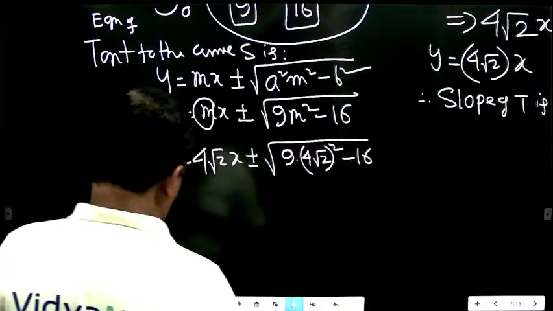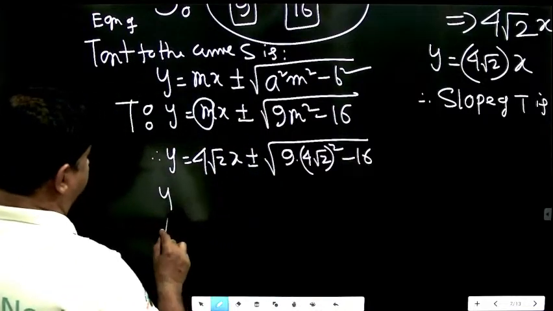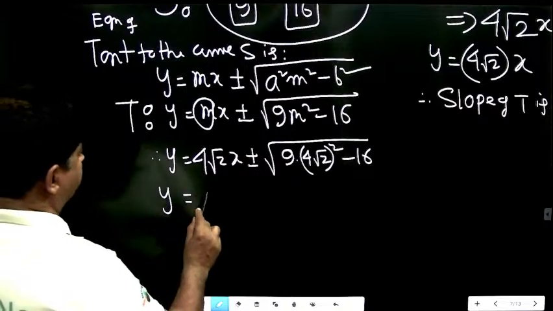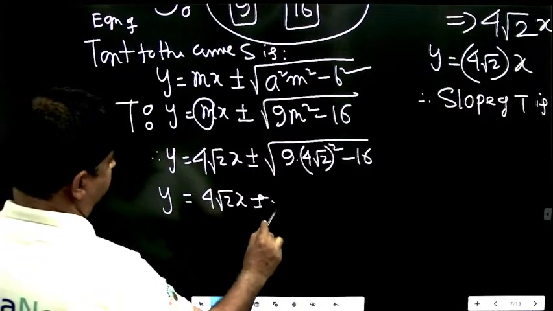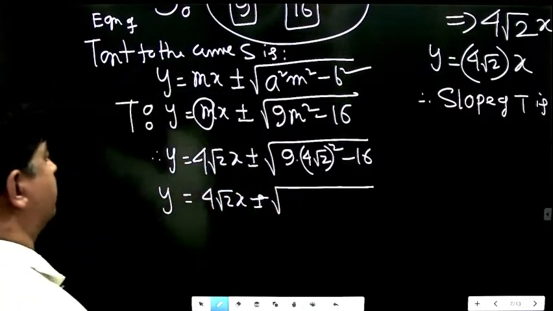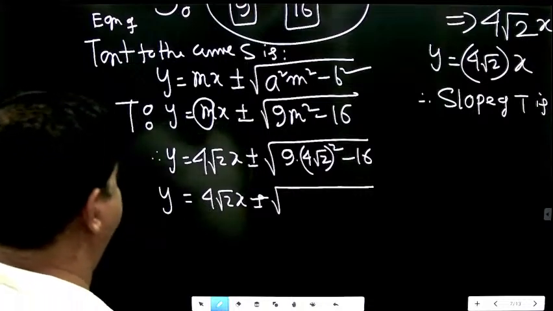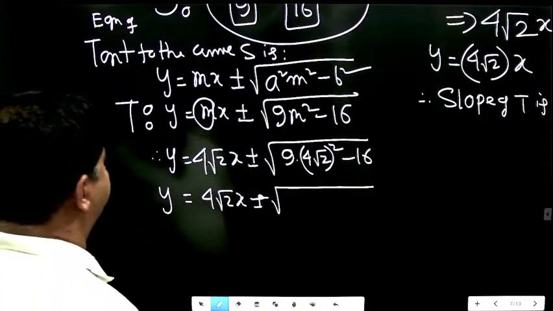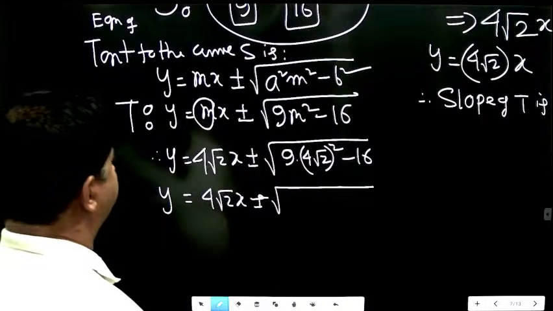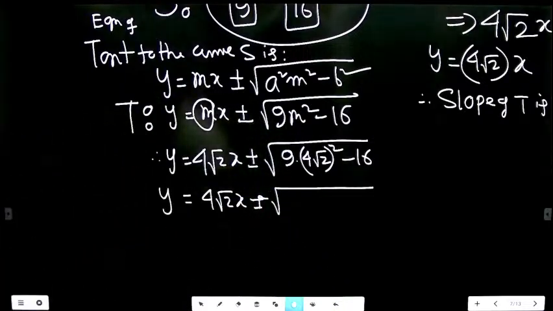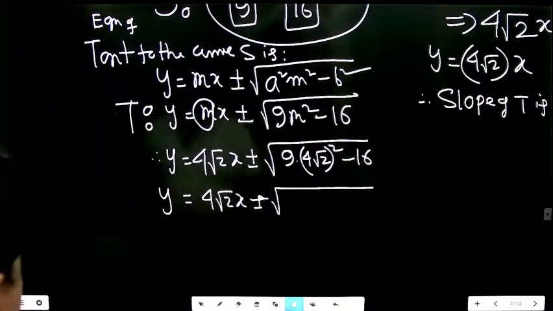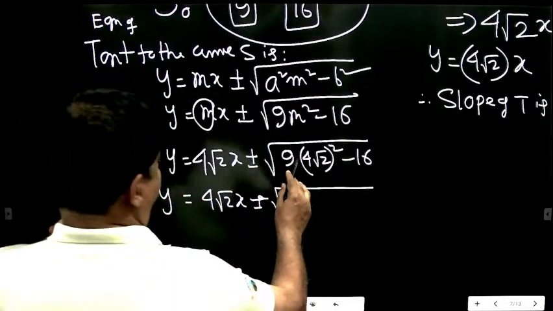So, there is some problem. Just wait. What is m? 16 into 2, 32.